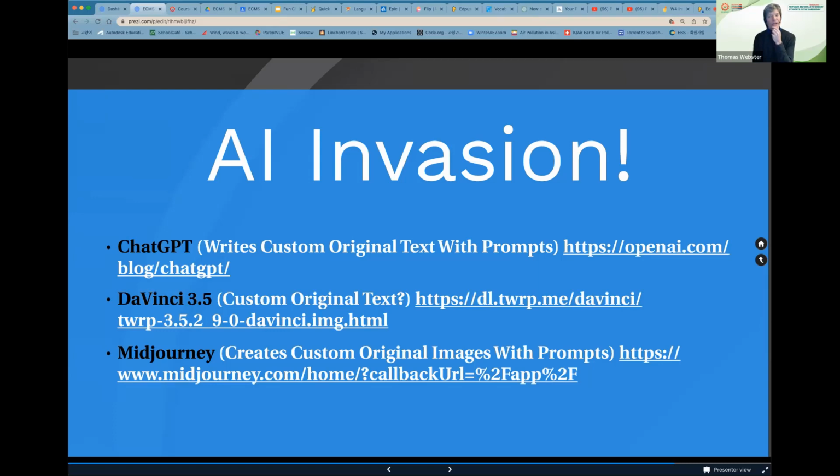Students are already using it to do their assignments. And it's impossible to catch because you can't catch it with turnitin.com or any other program, because this is original text that the AI is making in real time. Midjourney does the same thing with prompts, but it doesn't make essays, it makes pictures. But it's the same kind of idea.